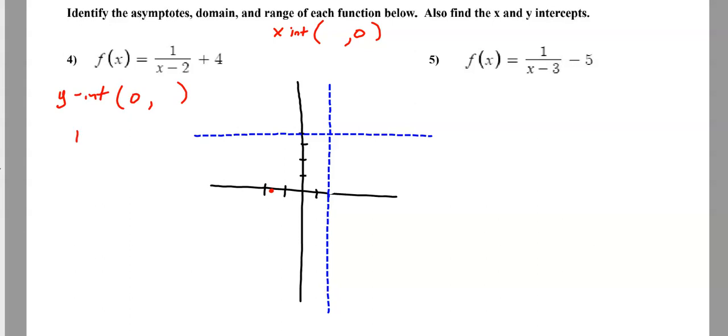So that would be y equals 1 over -2, added to 4. So -1/2 plus 4, that's 3 1/2. So my y-intercept is at 3 1/2. That x-intercept still does not look right to me. Right 2, up 4.